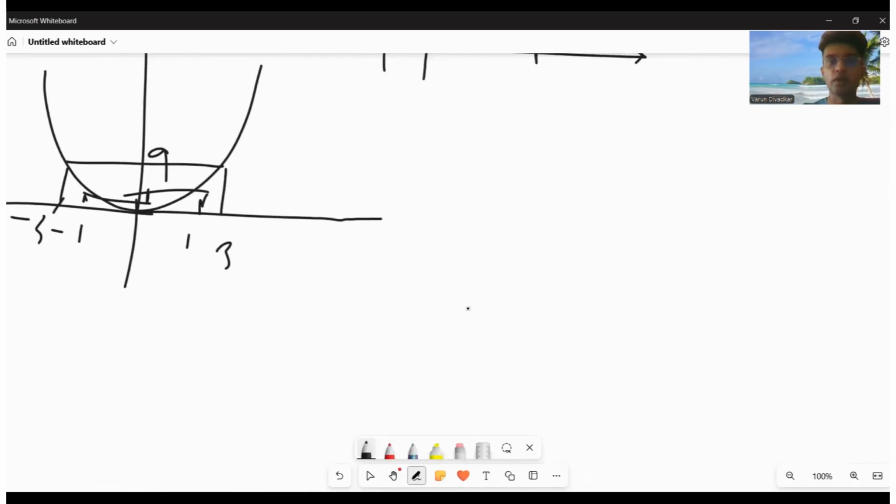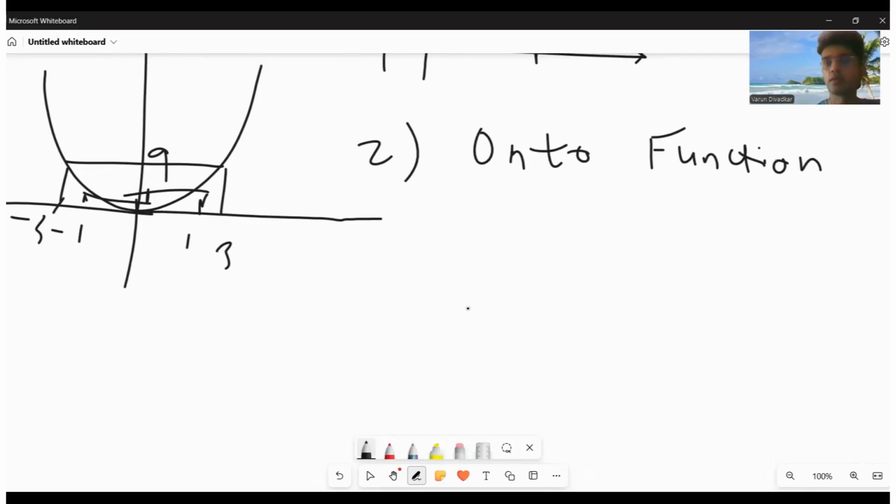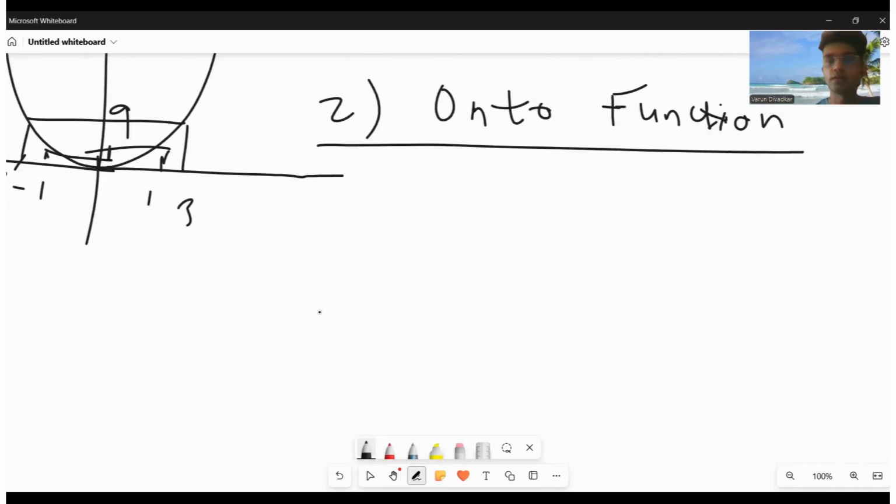Now the second one is the onto function. What is an onto function? Again, let's take the example y equals, say, sine of x, okay, a trigonometric function this time.